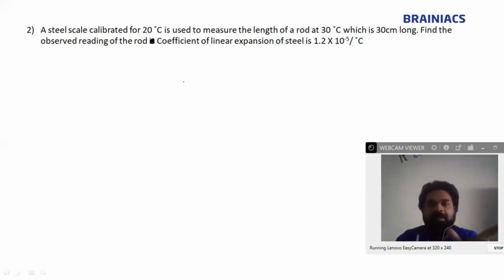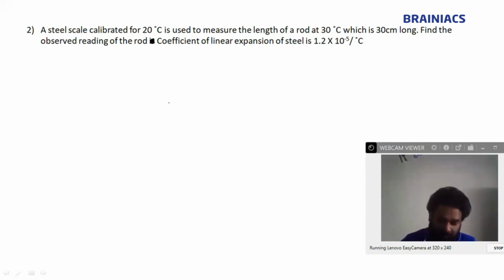Only the length of the steel is changed, or otherwise they will mention in the question that the length of the rod is also changing with temperature. Now the scale is calibrated for use at 20 degrees Celsius, and now it is measured at 30 degrees Celsius. So the original length of the rod is given as 30 centimeter.